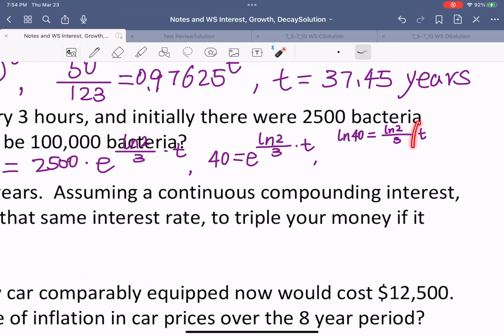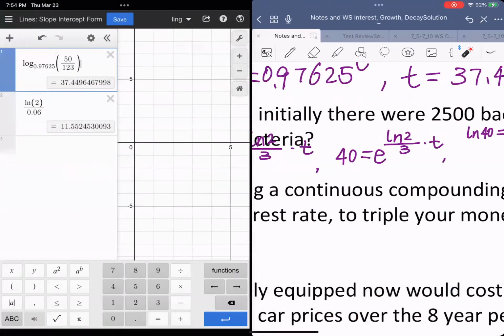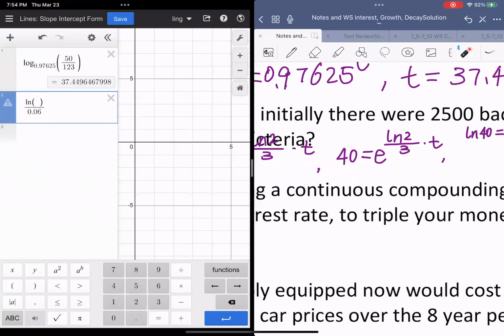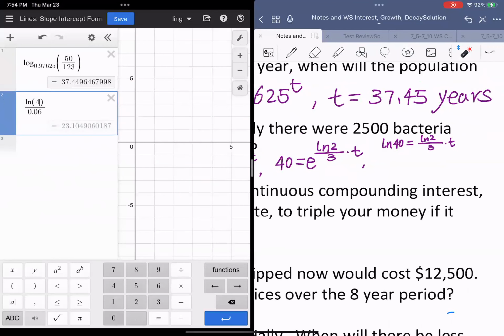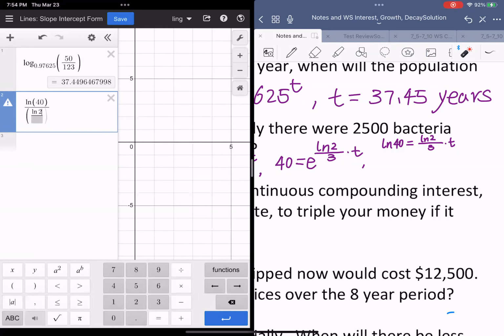And then you want to further solve for t. So you want to use that divided by that. So you will do ln of 40 over the top, and for the bottom, a fraction with ln of 2 over 3.